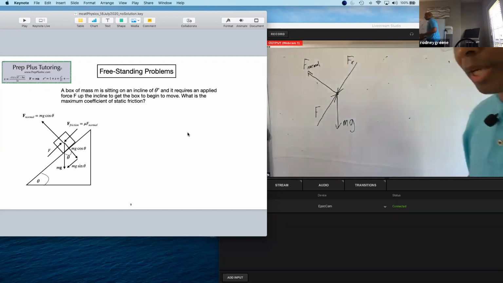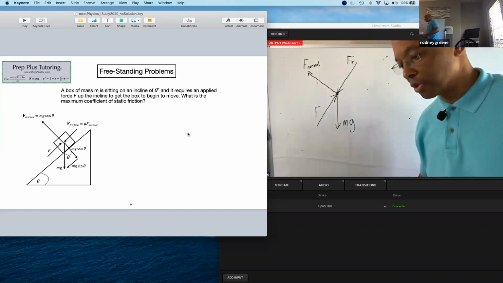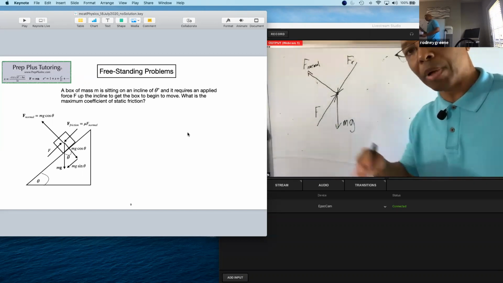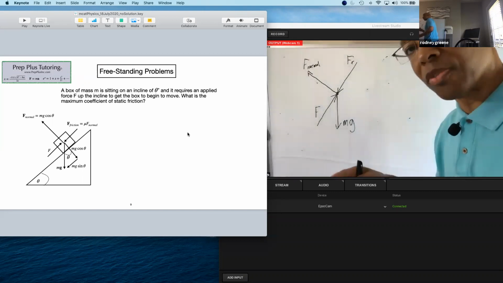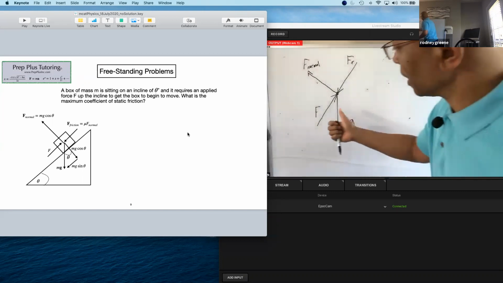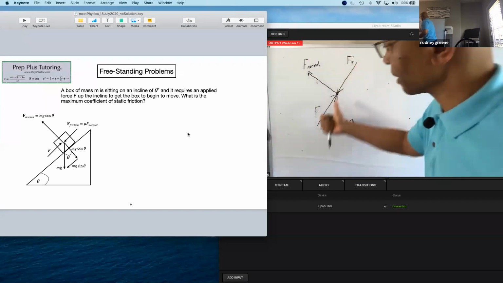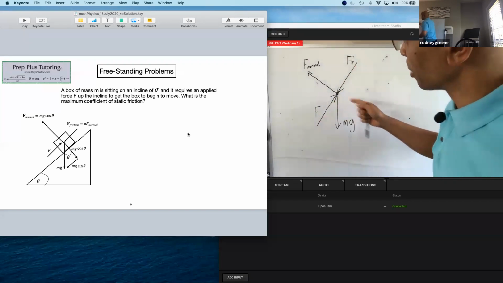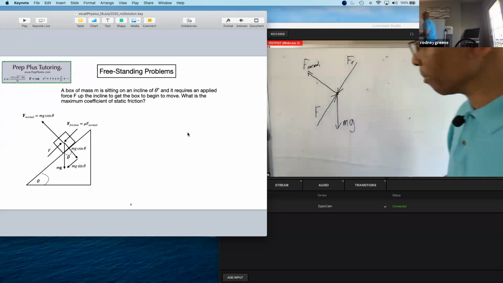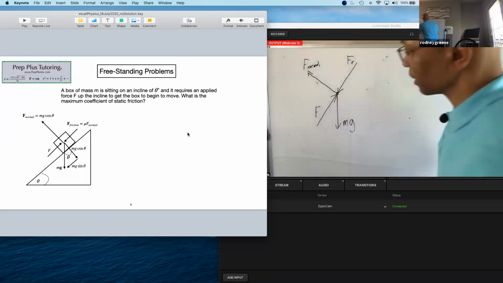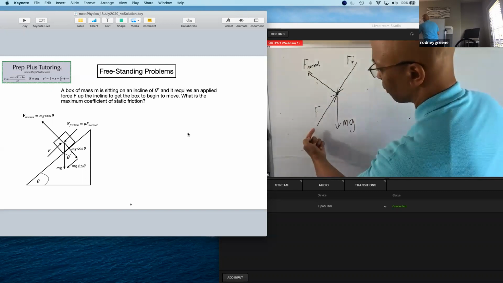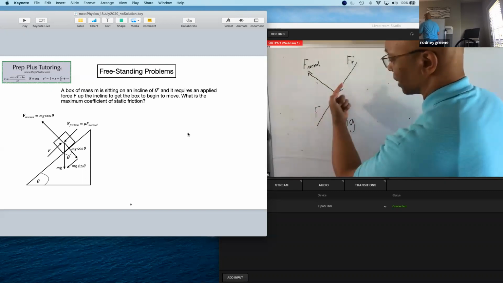Now I said you need to decompose these force vectors in a direction along the incline and perpendicular to the incline. Now we're mainly interested in what's happening along the incline because this external force acts along the incline.